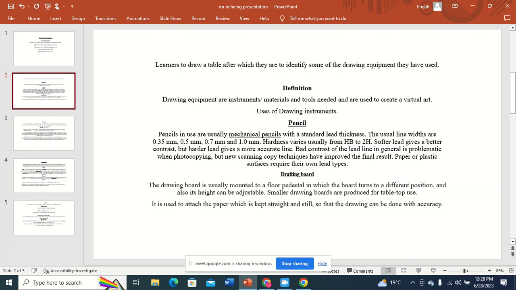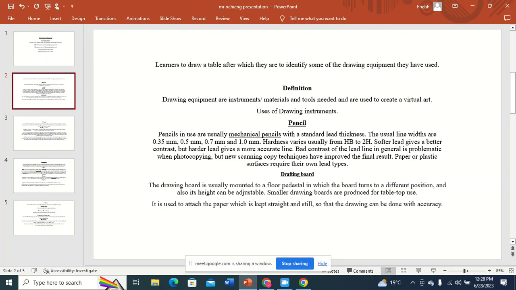Another drawing instrument or equipment that can usually help us in drawing is a drafting board. A drafting board is usually mounted on a floor pedestal in which the board turns. So it is able to turn.